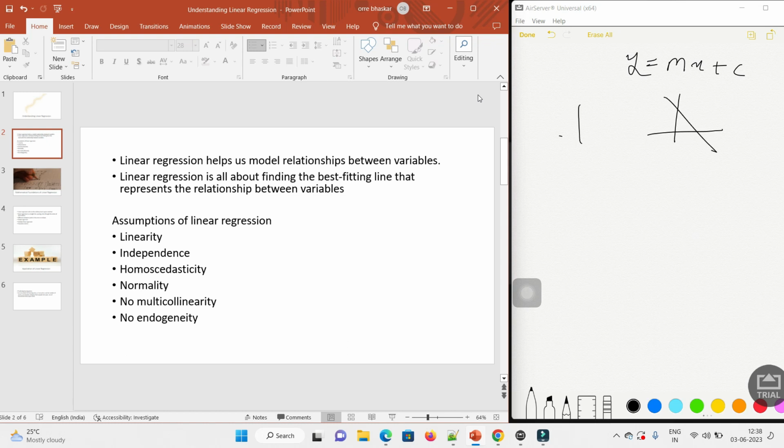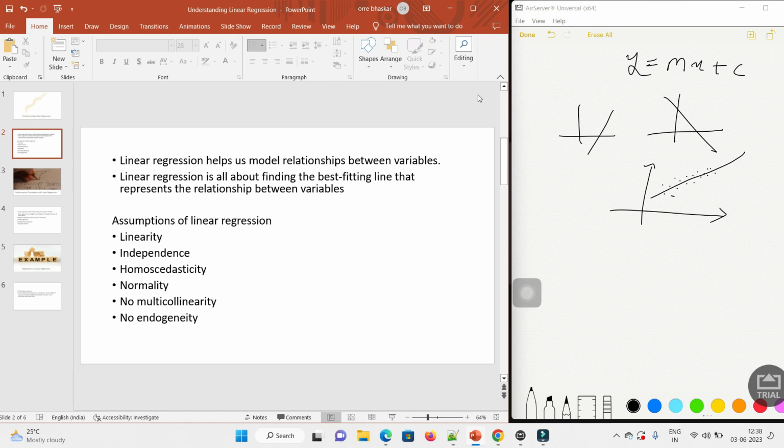In simple terms, in linear regression, you have an independent variable and a dependent variable. The y-axis is our dependent variable and the x-axis is our independent variable. If we have data points like these, and you plot a line through them, that's our linear regression.